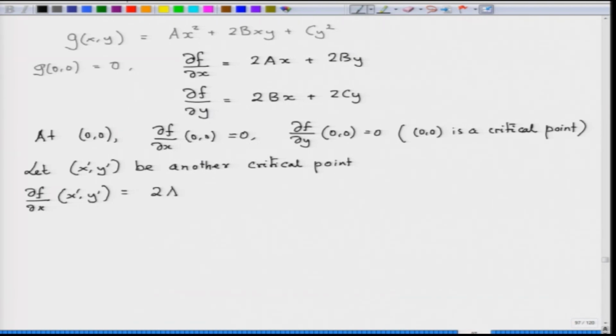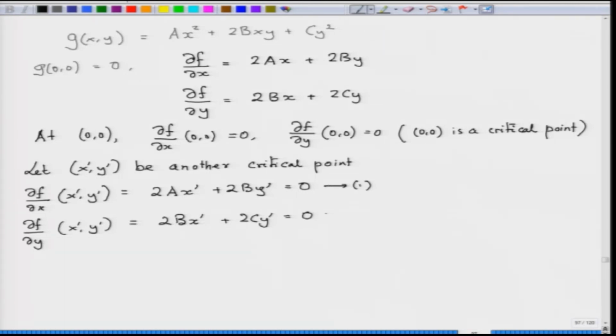So, 2 a x dash plus 2 b y dash is 0 and del f del y at x dash y dash must be 0. So, 2 b x dash plus 2 c y dash is equal to 0. So, you have these two equations, equations 1 and 2.